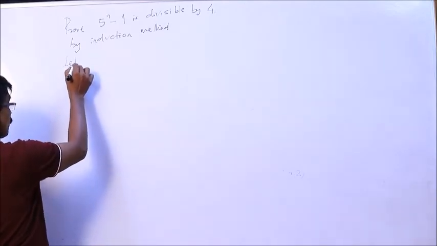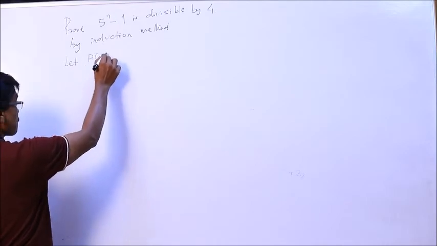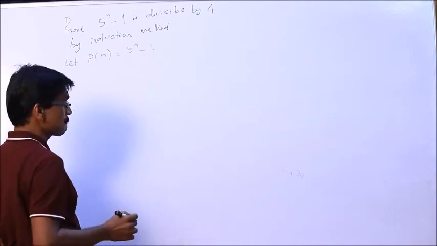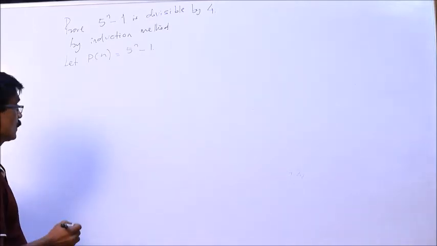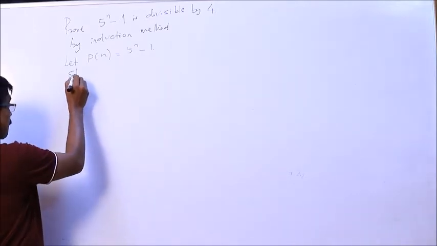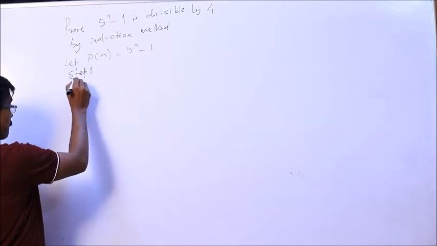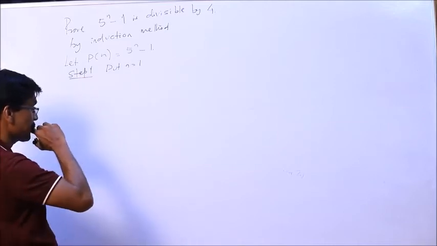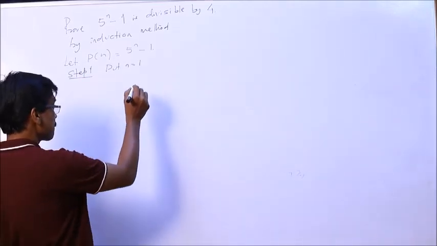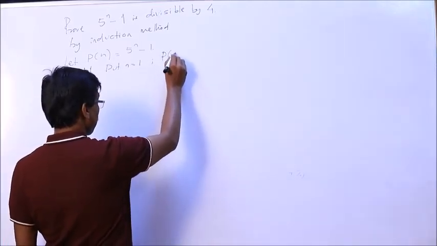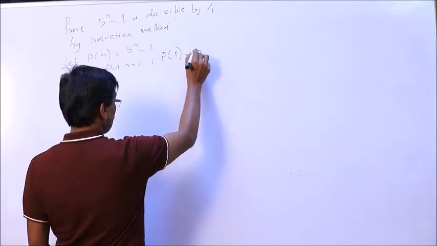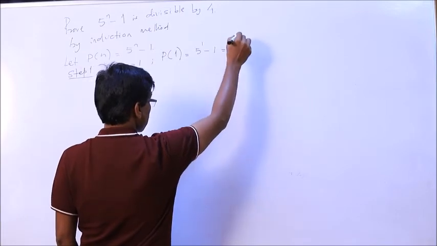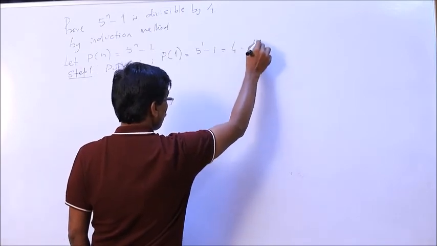Again we assume Pn be 5 to the power n minus 1. So, the first step is put n is equal to 1. So, P1 is 5 minus 1, that is equal to 4, which is equal to 4 into 1.